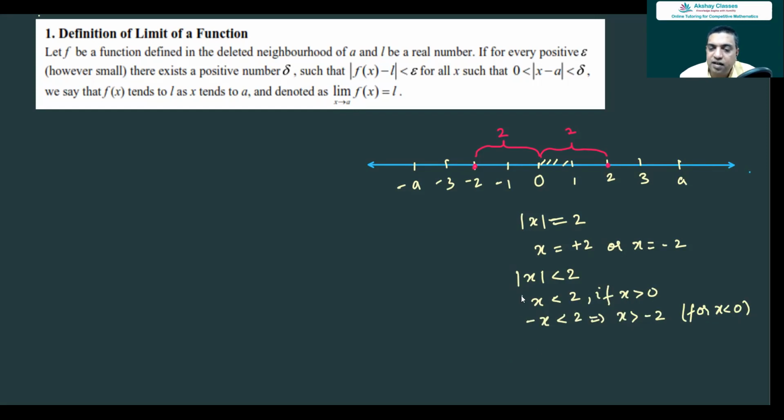So together, these two inequalities together, what it means, x is greater than minus 2 but less than 2. So it is set of all values of x which are lying between 2 and minus 2. So this is what it means. This entire area is modulus of x less than 2, means this.